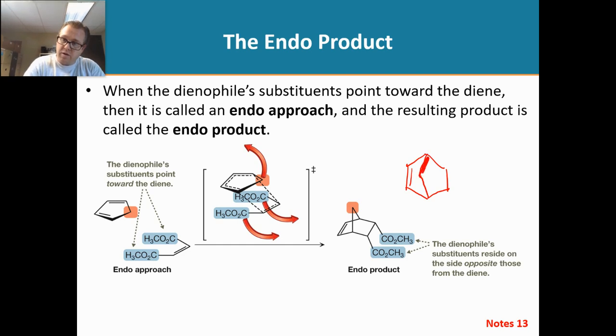Okay, I'm going to draw those as wedges. Okay, so this carbon right there is that carbon right there, right? Or that one. And this is the endo product.